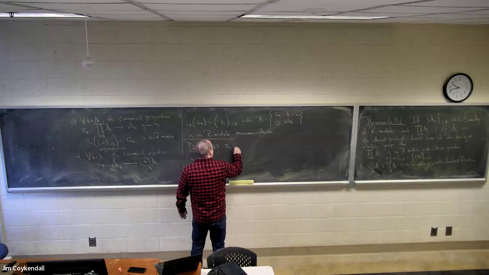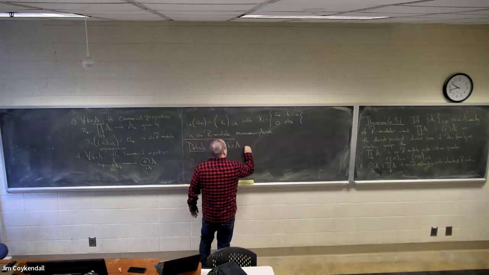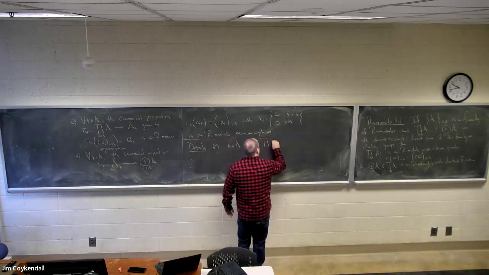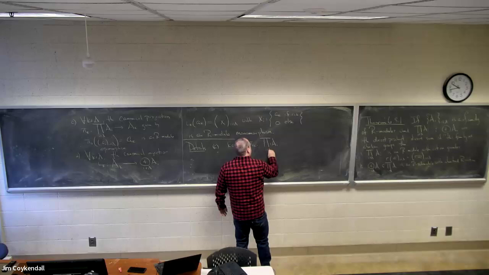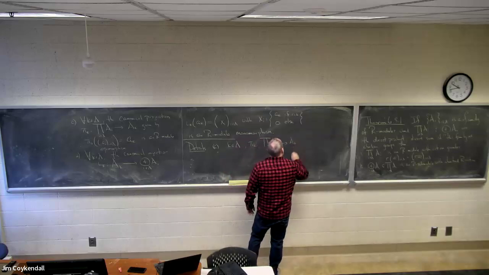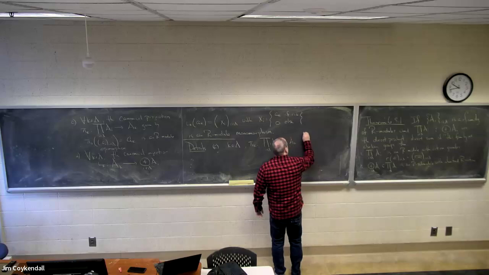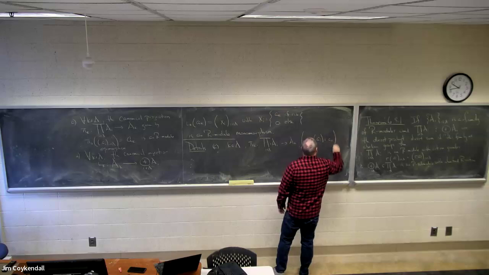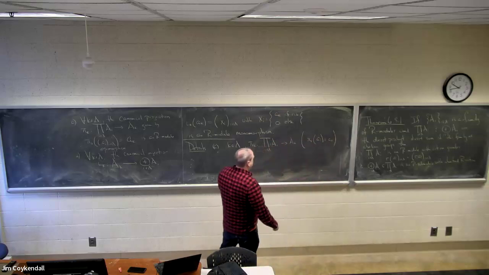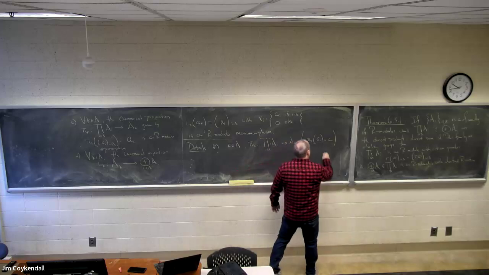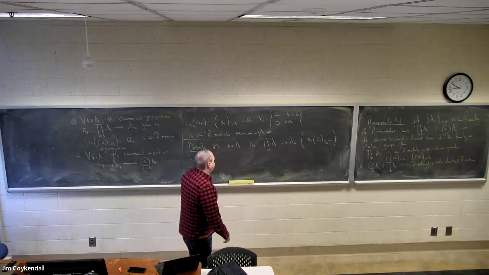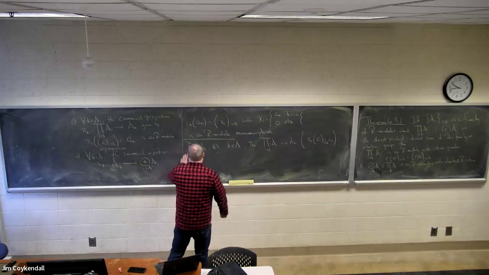Let pi k go from, let's look at the index set, pi k goes from the direct product of the AI. Let's quickly check if this is an R module homomorphism.